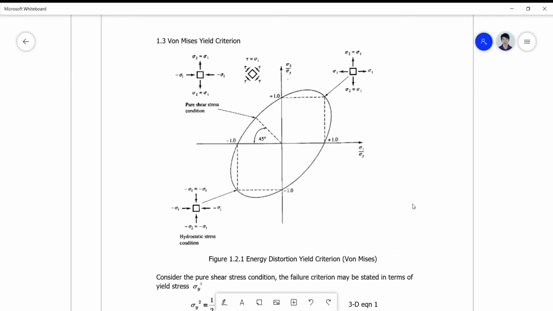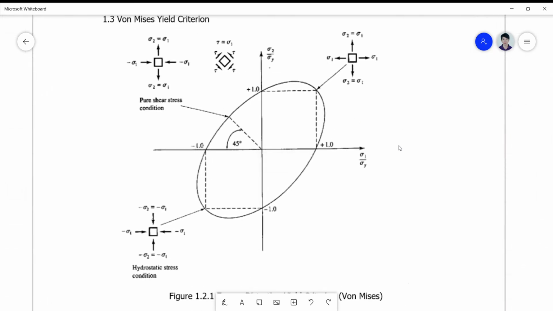So I will not focus more on the derivation of the general equation of the von Mises criterion, but I'd rather stick my explanation on this dimensionless illustration of the failure boundaries defined by a biaxial state specimen subjected to normal forces.